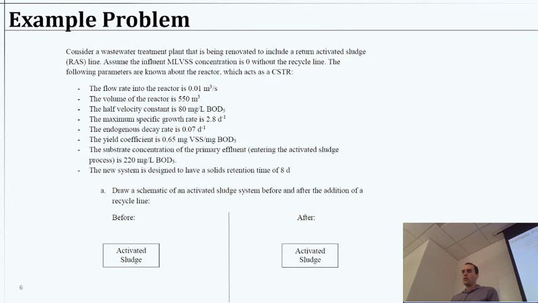Okay, so given what we did last time and what we now have for this time, I'd like to take you through a problem. It's a multi-step problem, so this is going to be a pretty good one to study from, to compare a system that does not have recycle to a system that does have recycle.